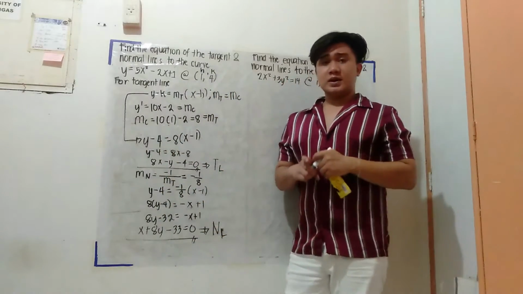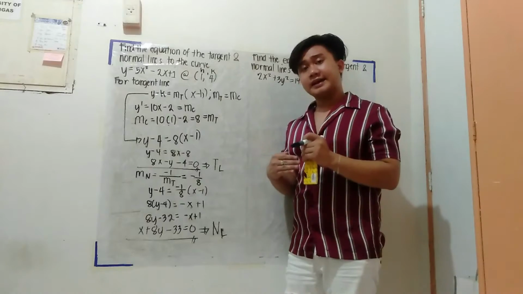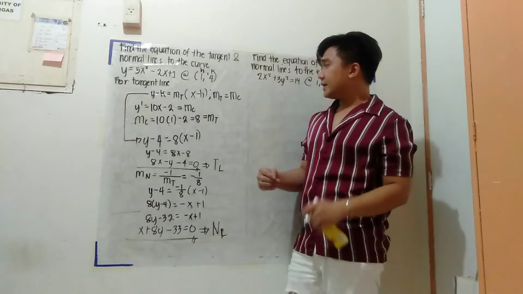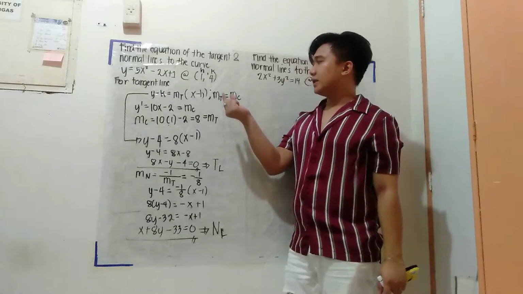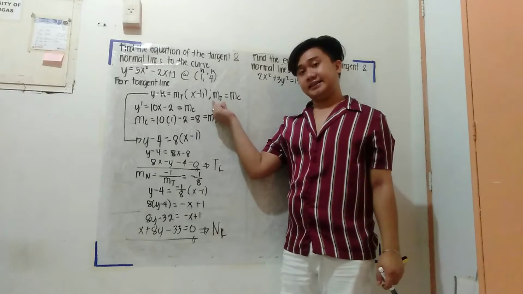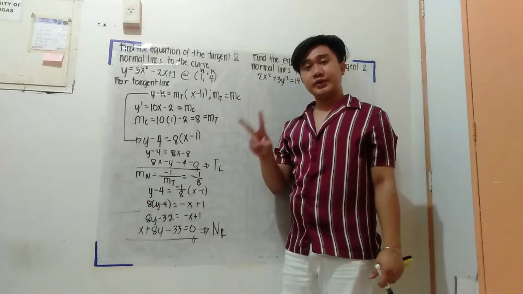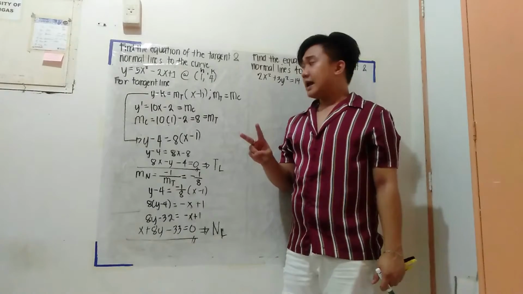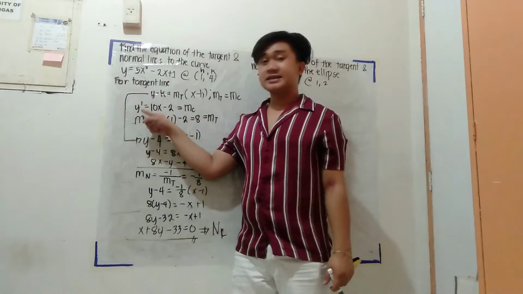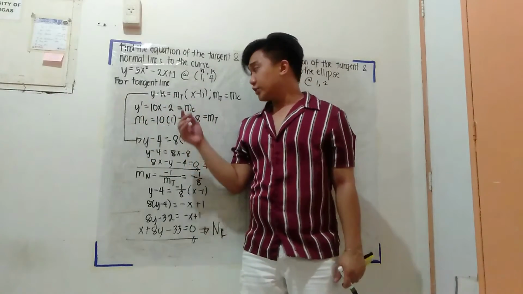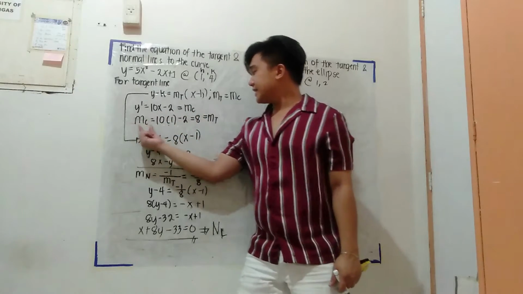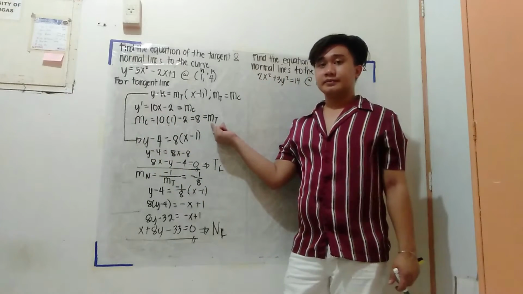Okay? So, as you can see, bounded lang naman tayo sa theory. Anong theory? Na ang slope ng curve ay equal lang din sa slope ng tangent line. First theory. Second theory, dapat alam natin na ang first derivative is the slope of the curve. Kung yun ang slope ng curve, yun din ang slope ng tangent line.